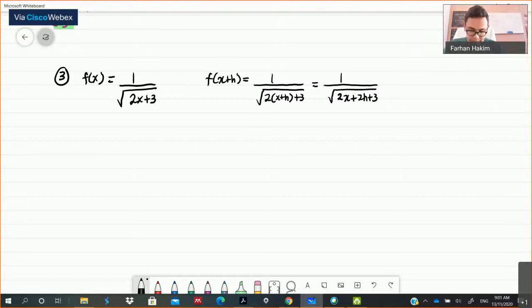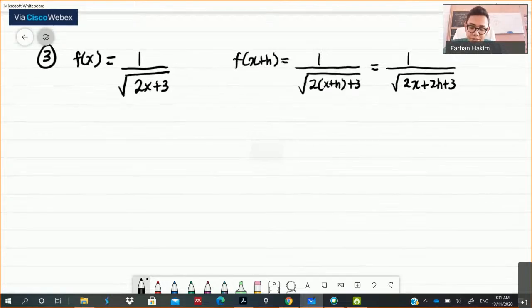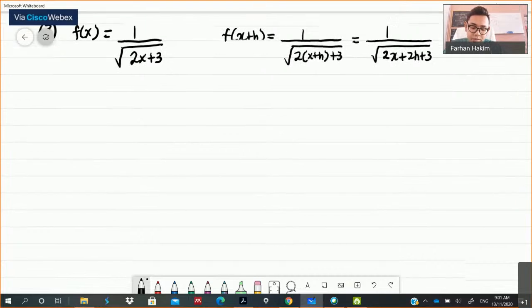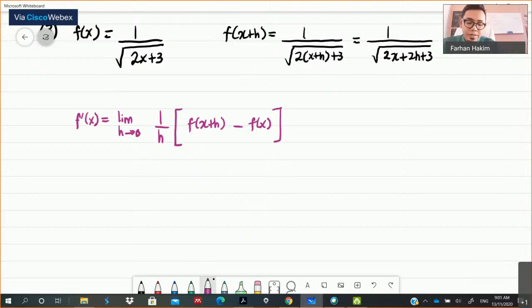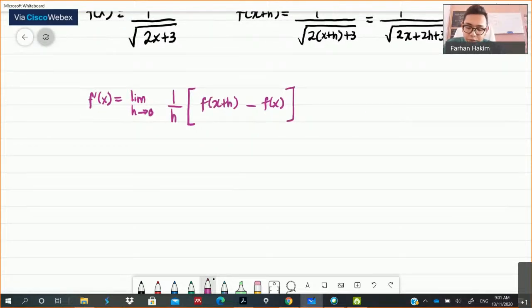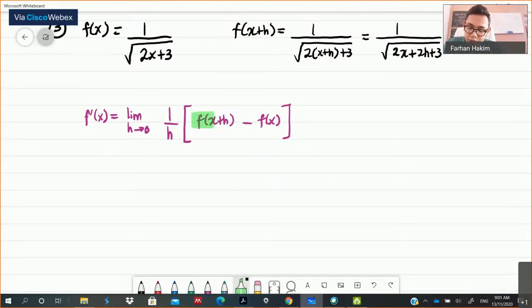All right. So now we have to use the definition of derivative. The first principle of derivative states that to find f prime of x, we have to find the limit as h approaches 0. The formula is given by, because this involves a fraction, I'll just write 1 over h of f(x plus h) minus f(x). So we substitute the value of f(x plus h) and also f(x).